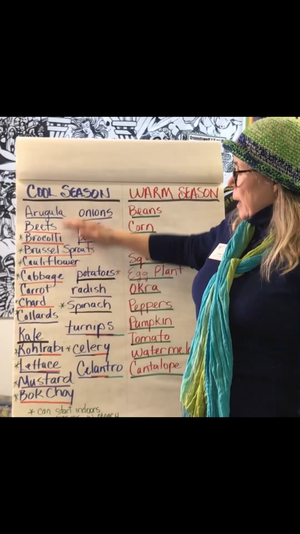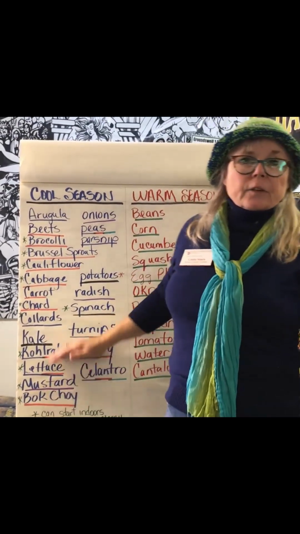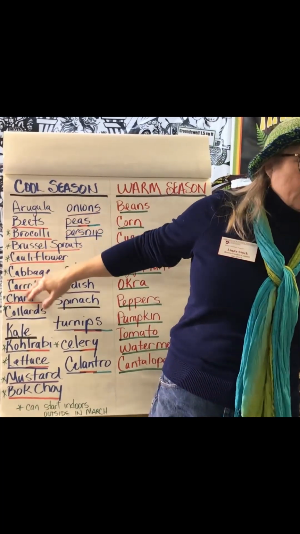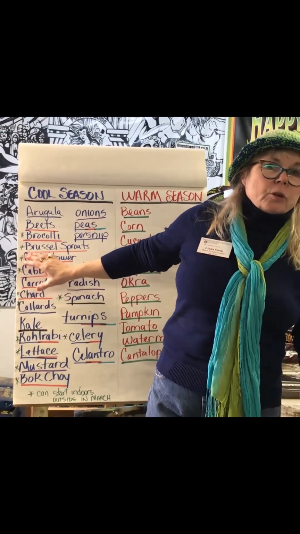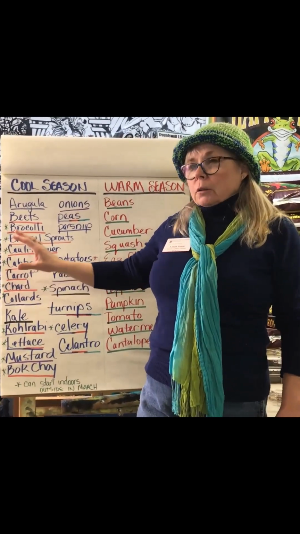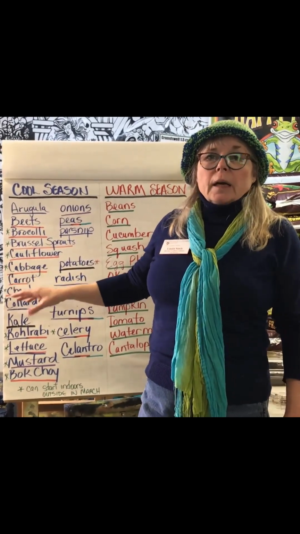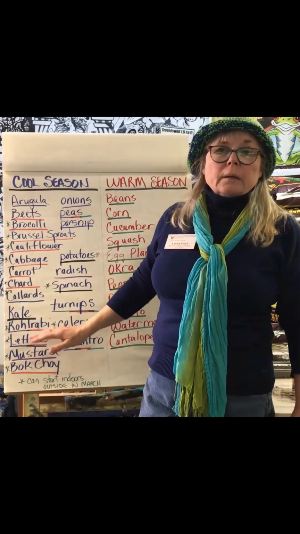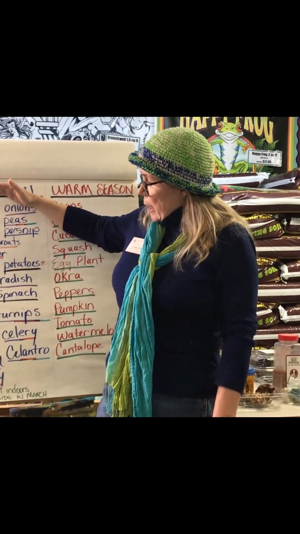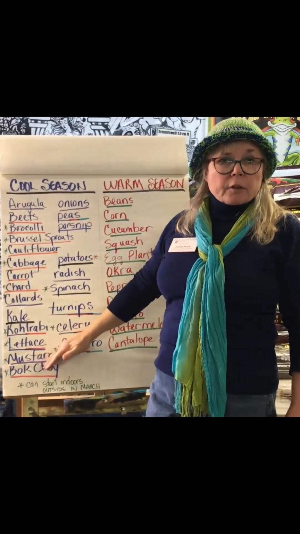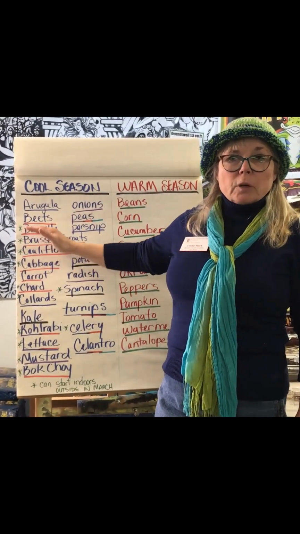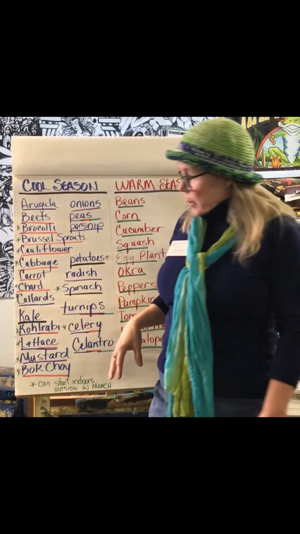If you've spotted a difference here, you won't see an asterisk by root vegetables, because root vegetables don't transplant well, except for green onions or onions, okay? And you can get onions going and then transplant them. But for the most part, if it's an above the ground plant, you can get it started now and then move it to the garden when it gets bigger, okay?